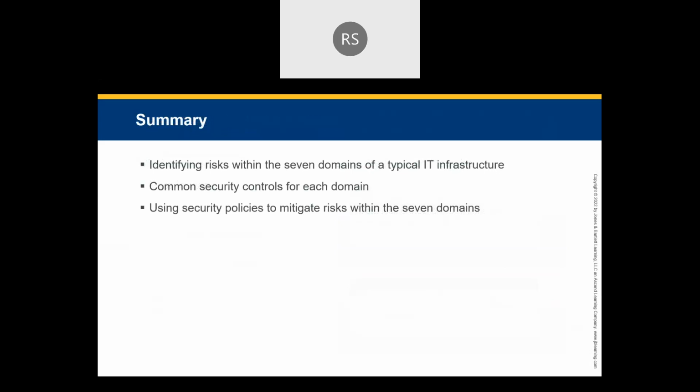Overall, by identifying risk within each domain, implementing common security controls, and using security policies effectively, organizations can mitigate risk and ensure the security and integrity of their IT infrastructure. It is important to understand that security is an ongoing process that requires continuous monitoring, adaptation, and adherence to the best practices.